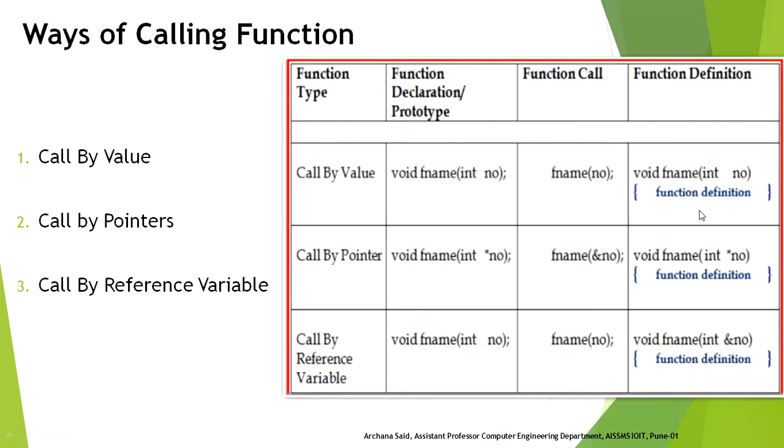This table summarizes the function declaration based on these types, the function call, and the respective function definition. We'll see with an example program and the corresponding output how the values of a particular variable change in memory based on the type we are using for calling a particular function.